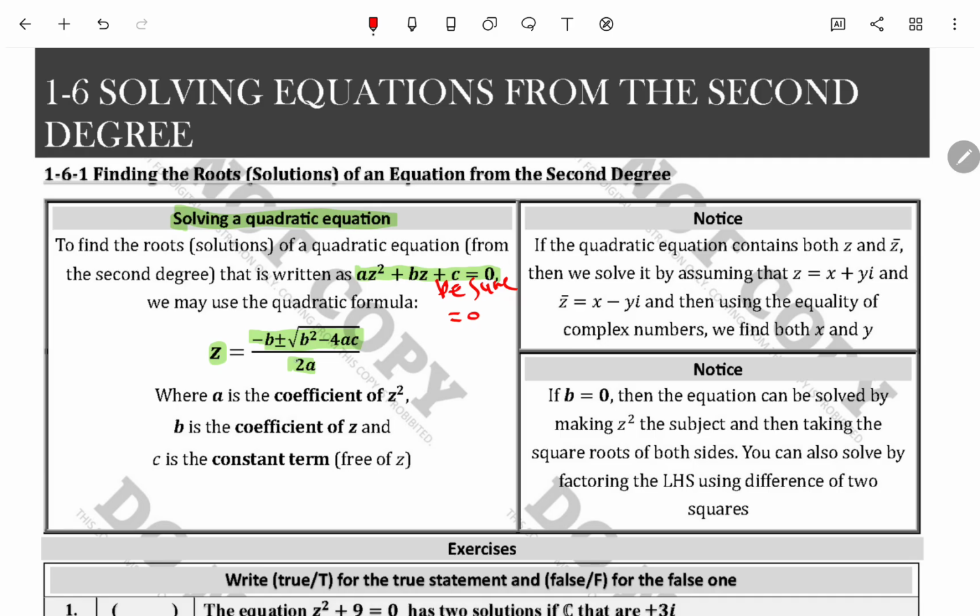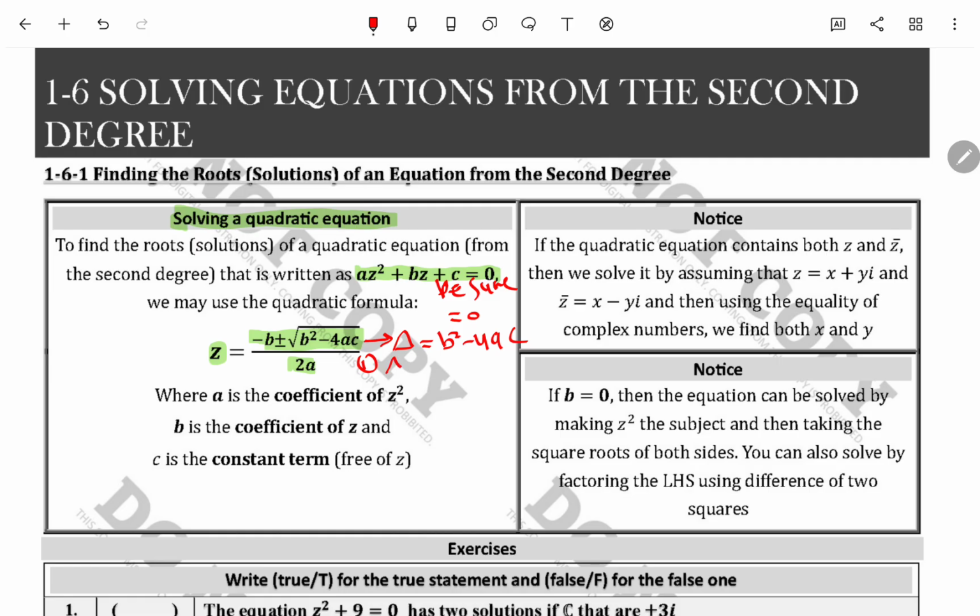And this quadratic formula can be used by taking care about delta, and delta is that discriminant which is under the root, which is b squared minus 4ac, because it has three cases.